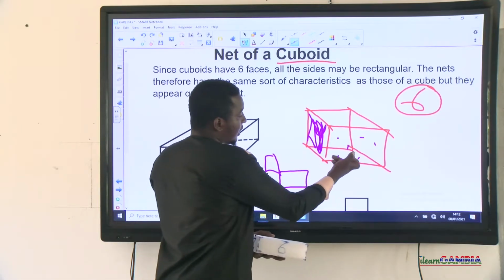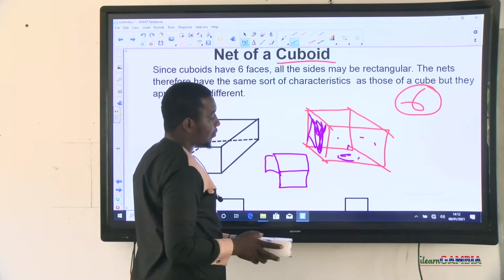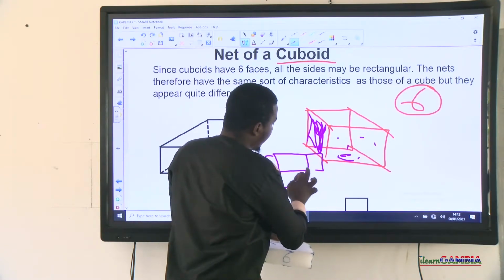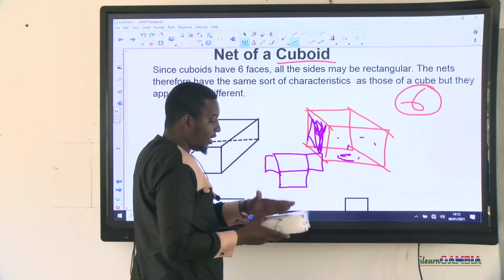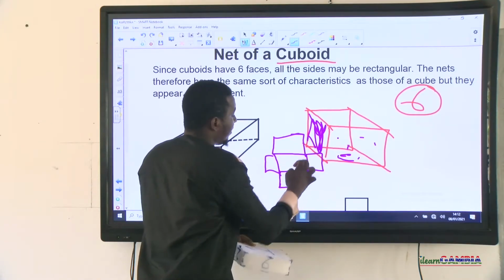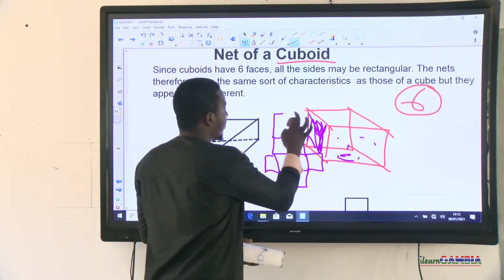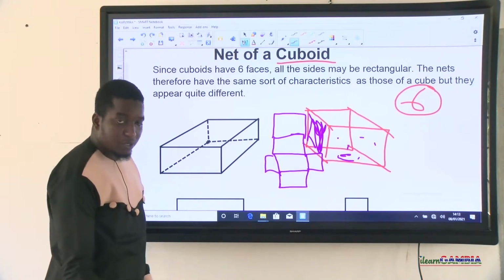So the base is what we are going to have there, and then this other side, which is here, is what we are going to have there. Then remember, we are left with 2 now. We are left with here and the back. Now this side is what we have there, that is this other side, and then the one on top is what we are going to have there. Now technically this is how the net of a cuboid should look.